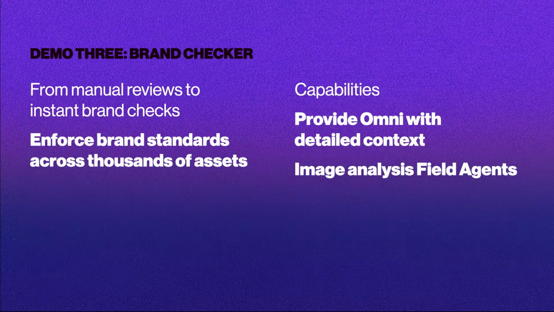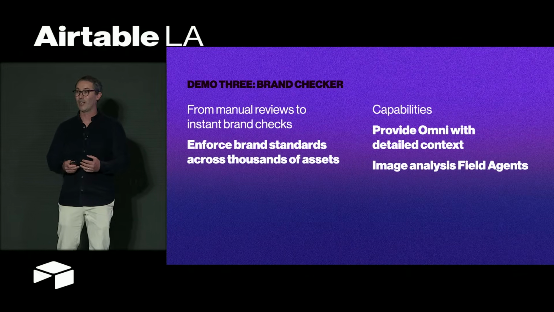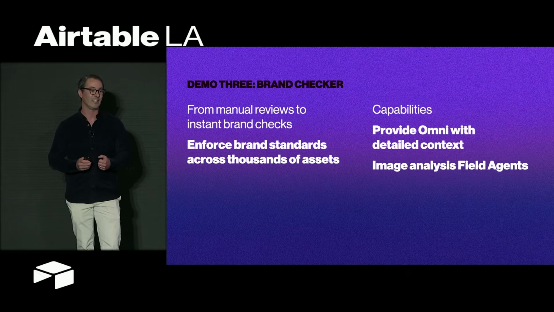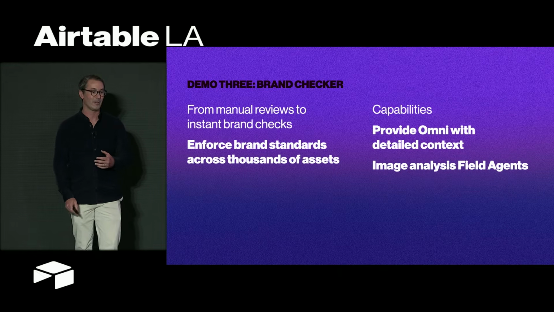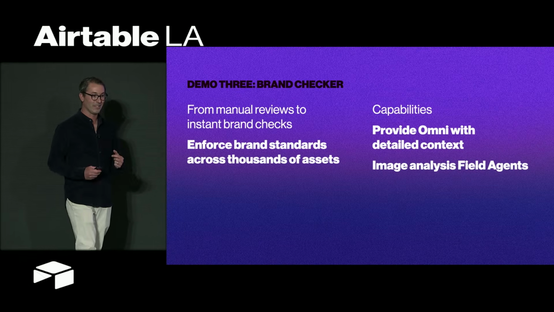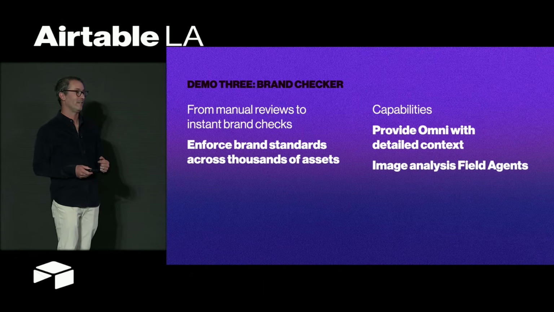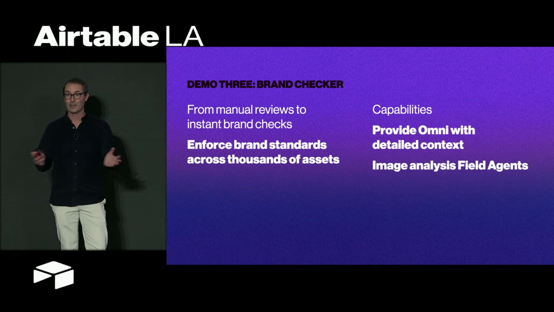So we just saw Omni update the system with these new guidelines. We saw it get to work. We saw how the field agents reviewed every asset across the multi-dimensions of criteria. And they not only flagged which assets didn't comply, but also explained to us why. And this is a huge, huge unlock for creative teams, leading to faster review cycles, greater consistency, and ultimately, what really matters, faster time to market for our campaigns.